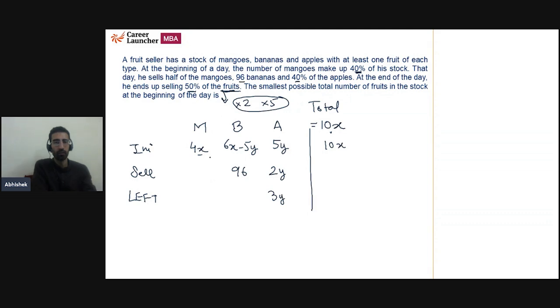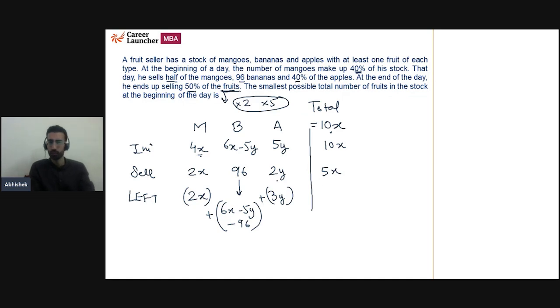96 bananas are sold. And what was it? Half of the mangoes, half of 4x, 2x mangoes are sold. So this person is left with 2x mangoes. The person is left with 6x minus 5y minus 96 bananas. And the person is left with 3y apples. And this total, 2x plus 6x minus 5y minus 96 plus 3y, has to be 5x because 50% of fruits are sold.